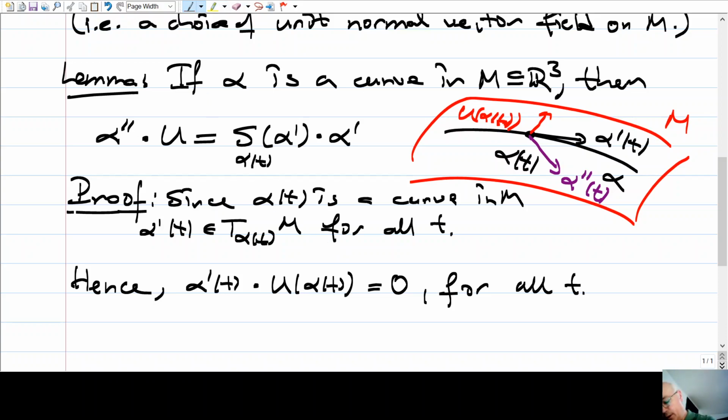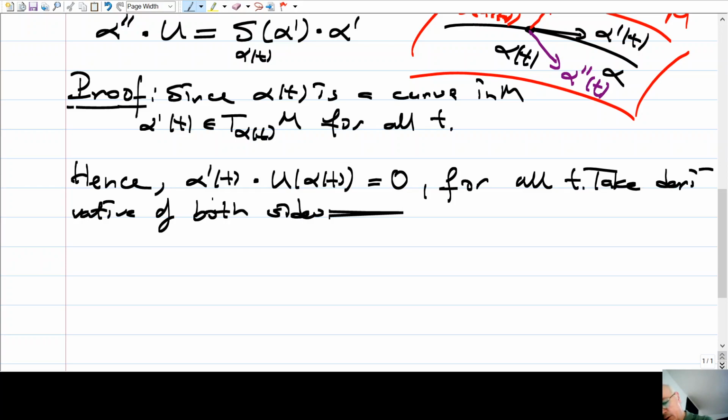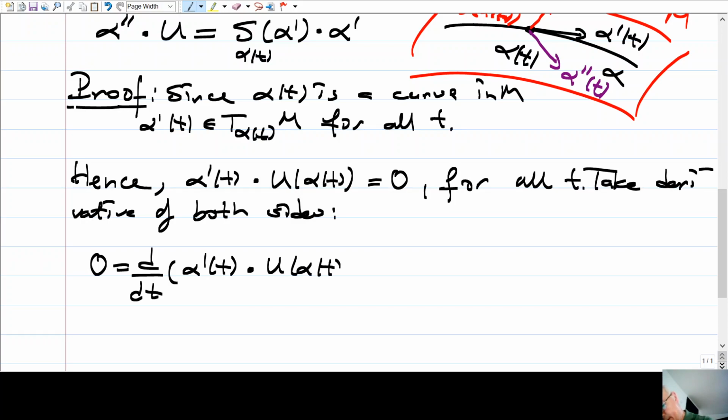Well, then as usual, since we are in a differential geometry course, we just take the derivative of both sides. So 0 is equal to d/dt of alpha prime t dot product u of alpha t. Well, what is this?